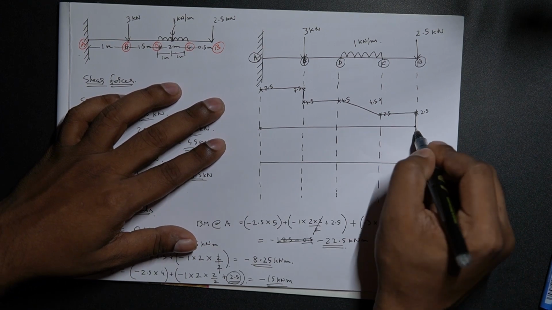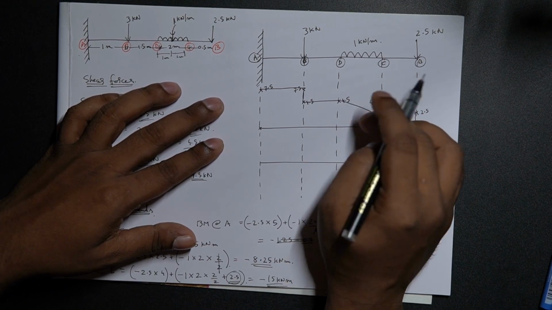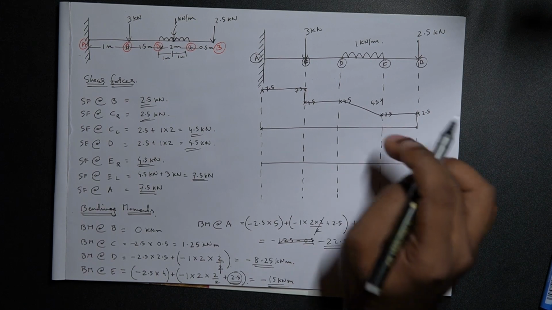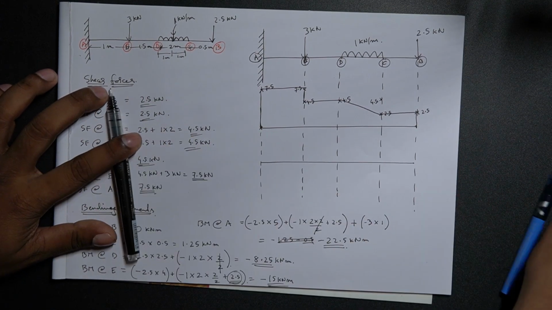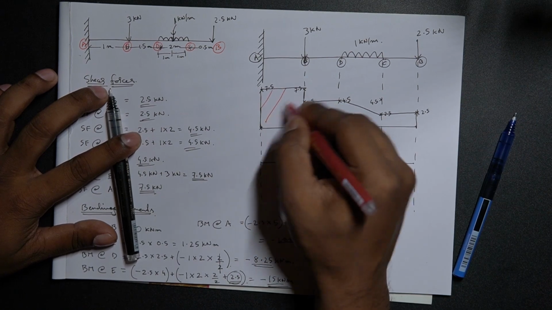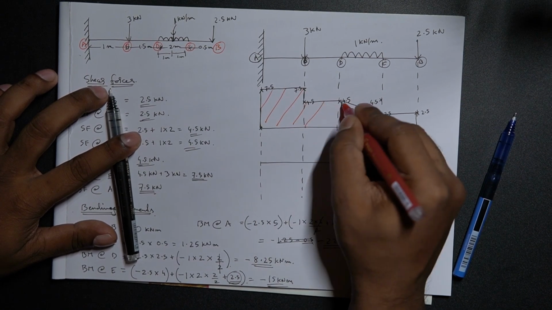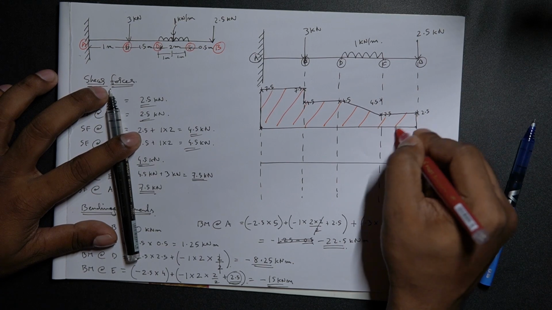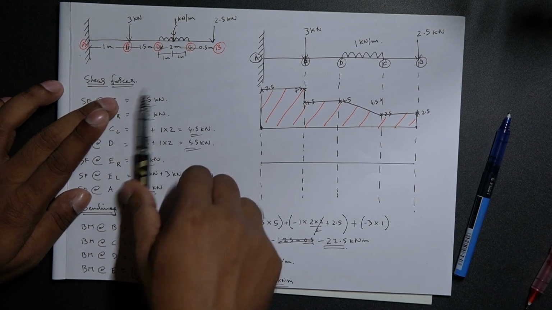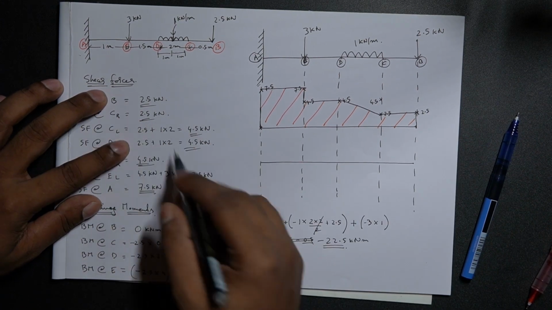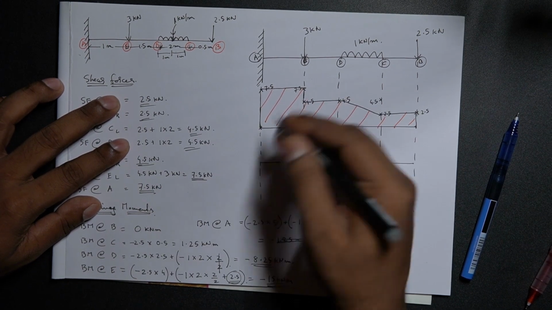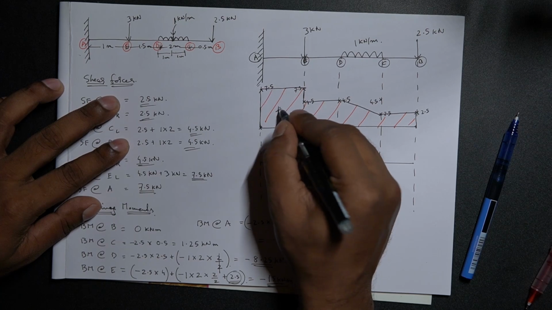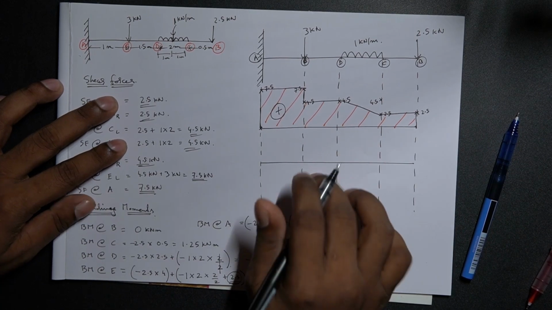Except for the place where the UDL is distributed, we have constant lines. Since all of our shear forces are positive, everything will be above the x-axis. That is the reason why we got the graph upward. So everything is positive. Now let's come back to the bending moment.